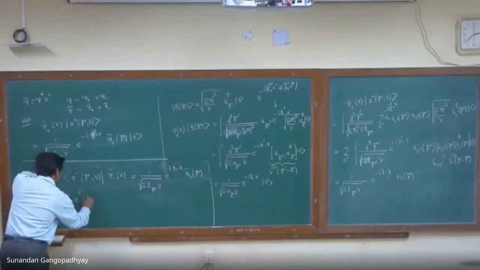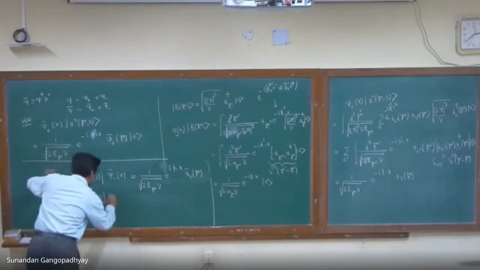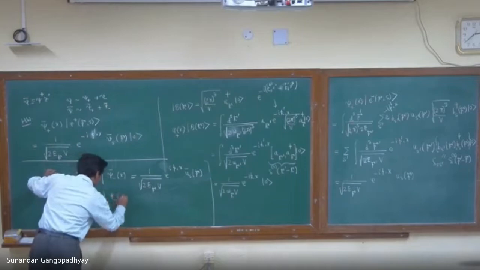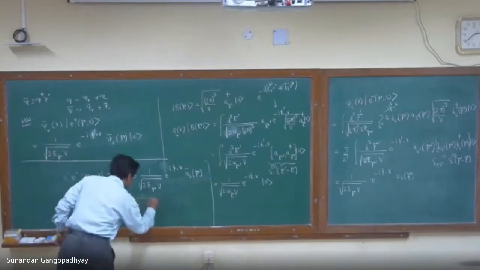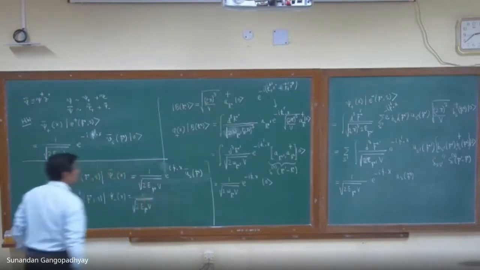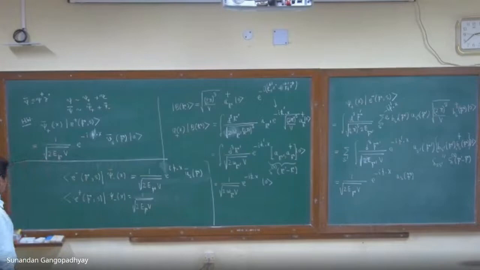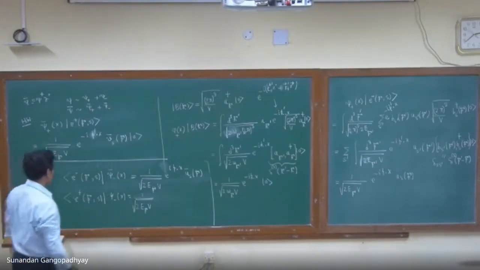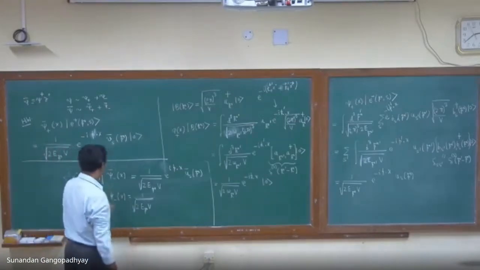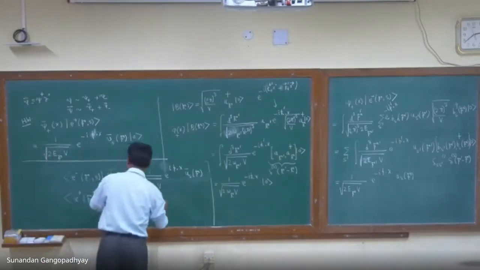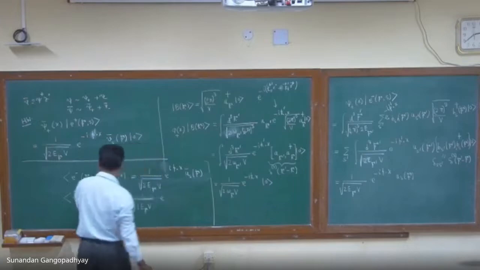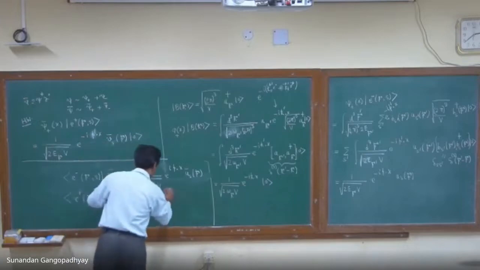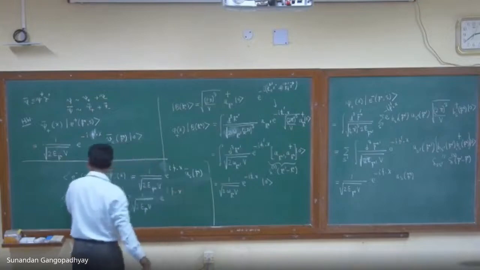So psi bar minus of x is nothing but this, with b.